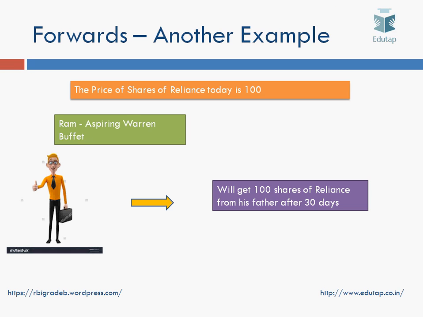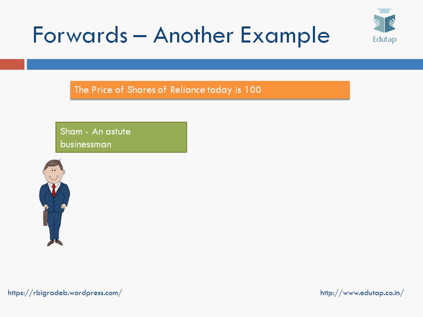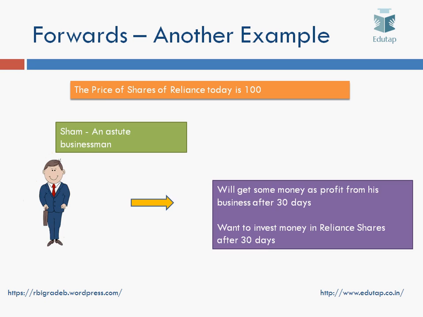He will get 100 shares of Reliance from his father after 30 days. And then there is another person, Sham, who we can say is an astute businessman. He will get some money as profit from his business after 30 days, and he wants to invest money in the Reliance shares after 30 days.